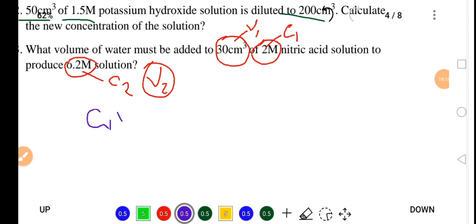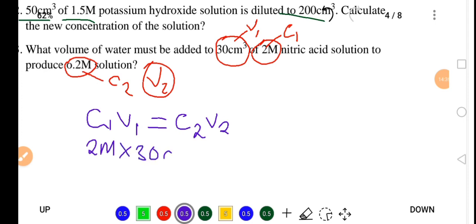C1V1 equals C2V2. Concentration number 1 is 2 molar times the volume of that 2 molar, which is 30 centimeter cubic.